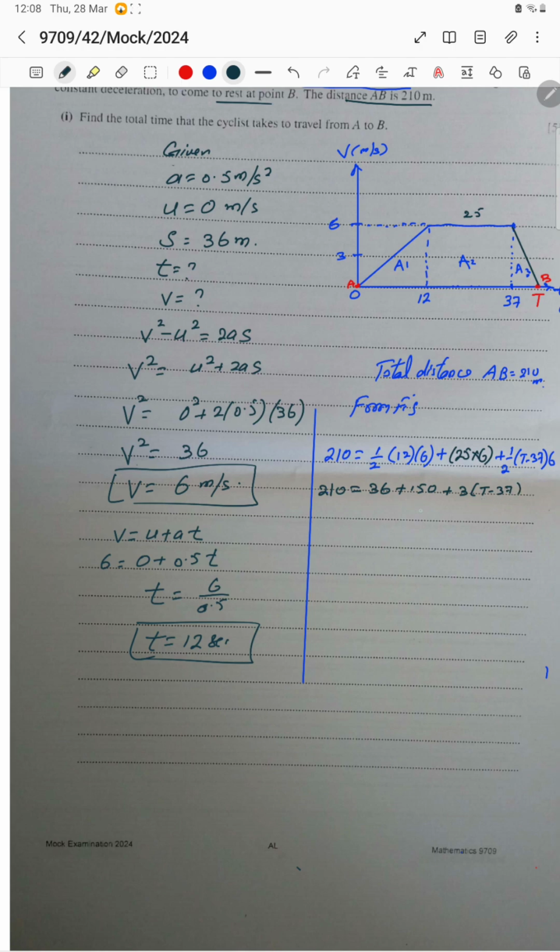So do the calculation, we'll get 24 is equal to 3 into t minus 37. So 8 is equal to t minus 37. So total time is what? 8 plus 37 is 45 seconds. This is the total time taken for the cyclist to travel from A to B. I hope it is clear.